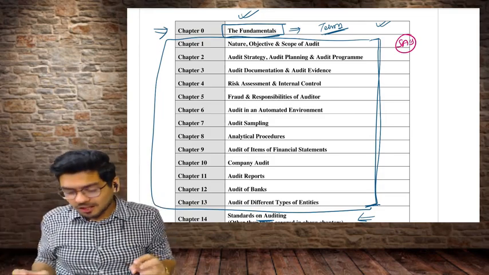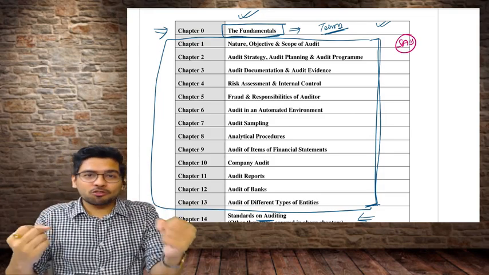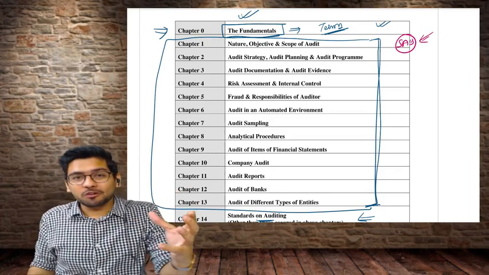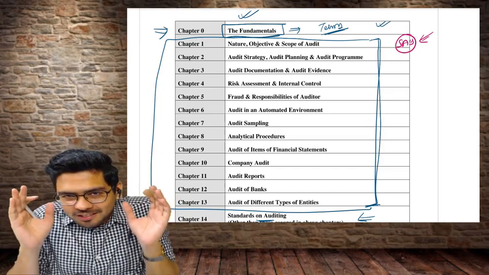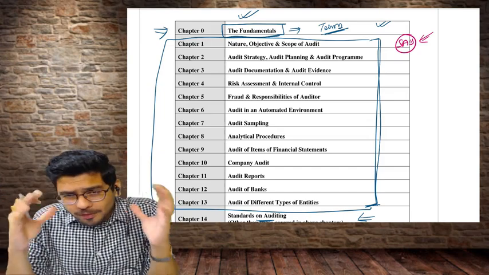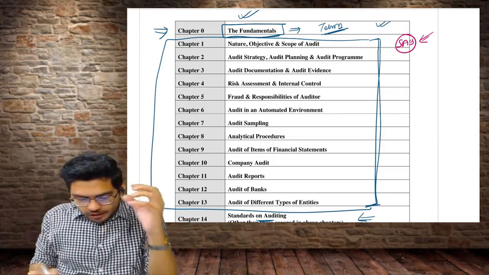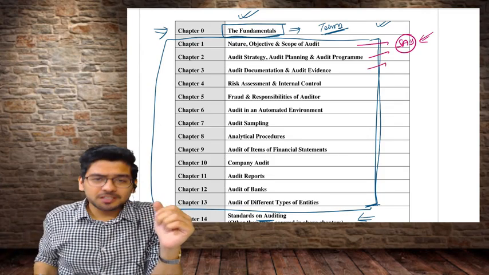But trust me, standards on auditing is my strong point, and I'm very sure this is something you are going to fall in love with. So I'm going to make you write certain notes on standards on auditing, which will make the standards very easy for you to understand and learn as well. Along with each chapter, we are going to cover certain standards also.